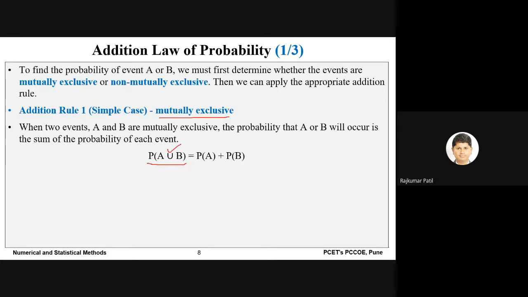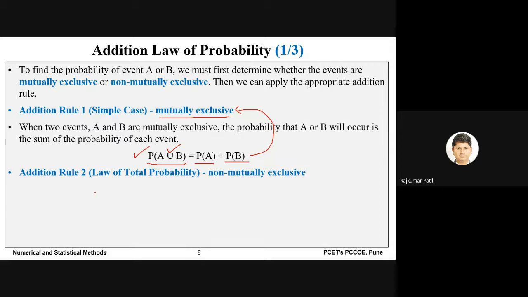Probability of A union B is nothing but probability of A plus probability of B. This is the simple case and is applicable for mutually exclusive events. In this case, as we already discussed, there is no overlapping area, so whatever probability you get will be the correct answer.